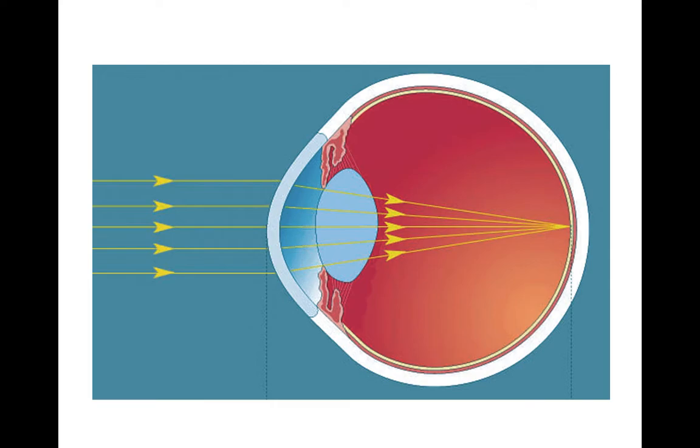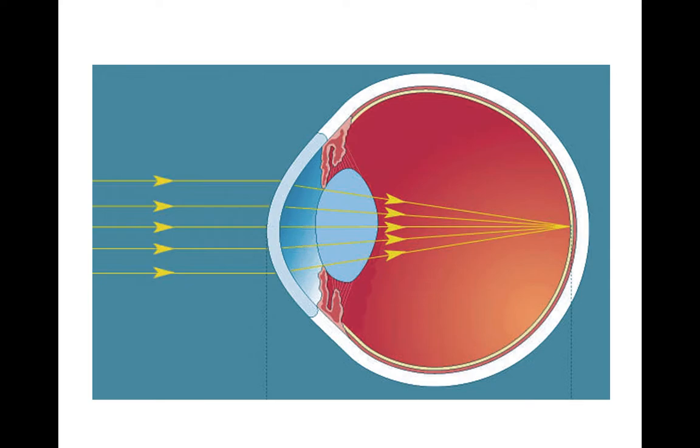And if you follow those arrows from left to right, you'll see that a lot of these structures that we're going to talk about, their job is to refract light, to bend light, because we want to focus and concentrate that light so it hits in that central fovea of the macula so that we're going to have the best possibility for the clearest vision.